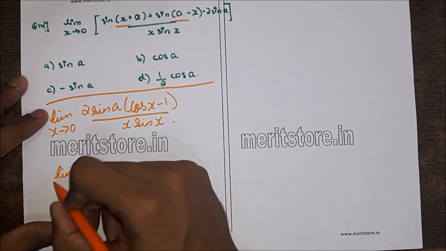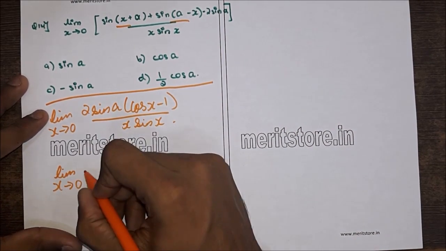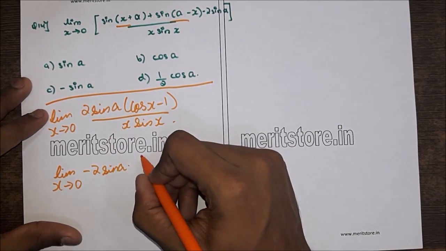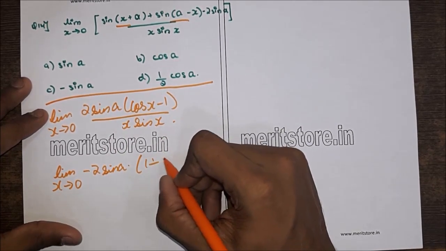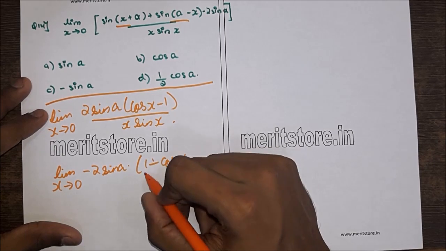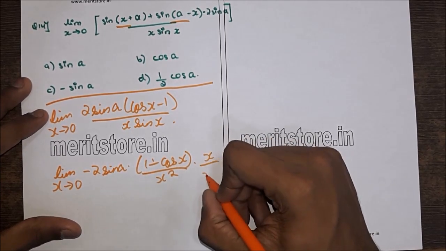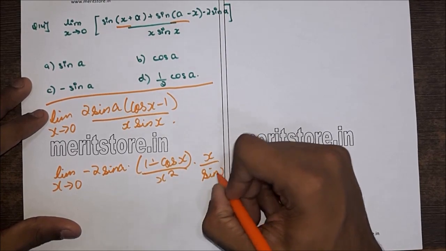Next we write limit of x tends to 0, −2 sin a into (1 − cos x) upon x square, into x by sin x.